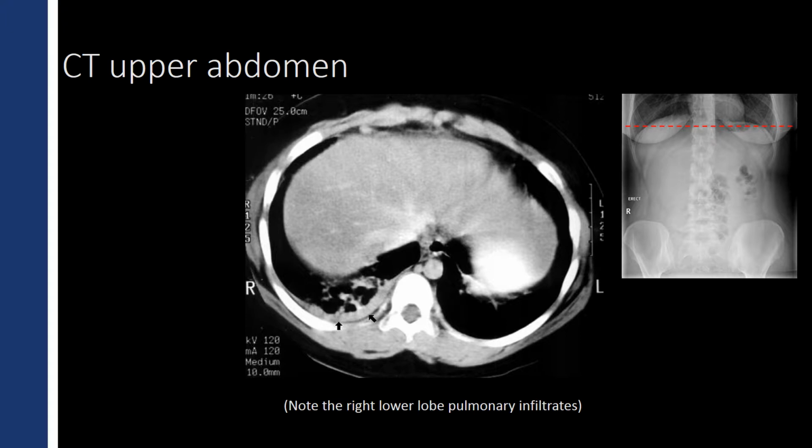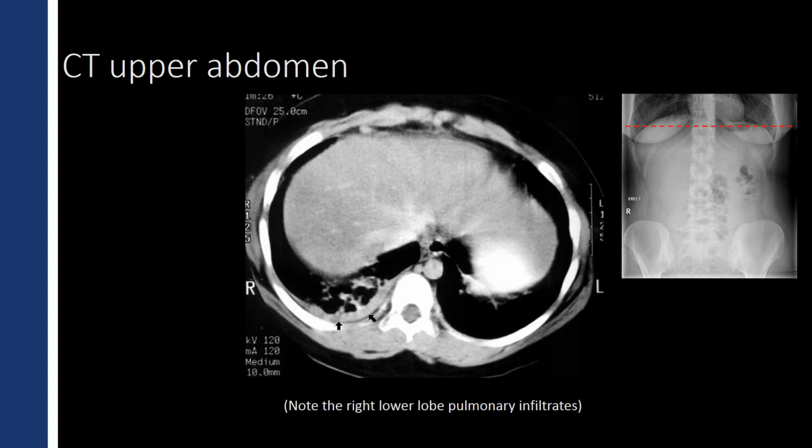Now, when we cut through the chest into the abdomen, the first thing we'll see, this black around the outside here is lung. When we take a look at the lungs, we can set our settings to either optimize the lung or optimize the other soft tissues. And in this case, the abdominal soft tissues are optimized.